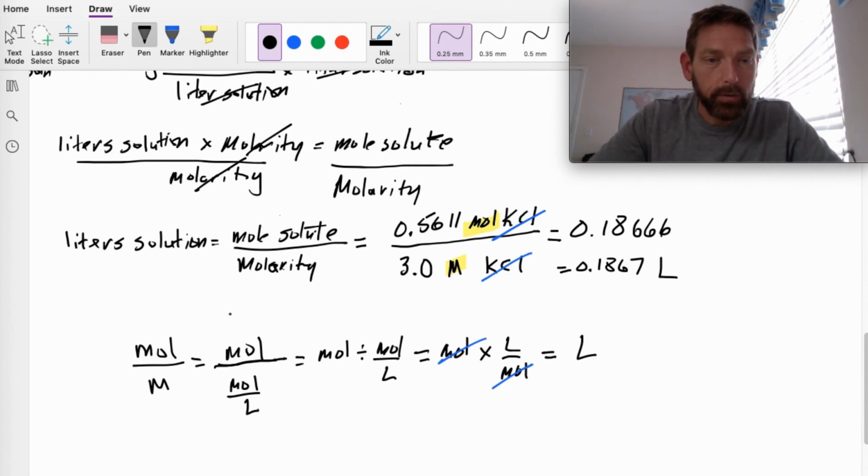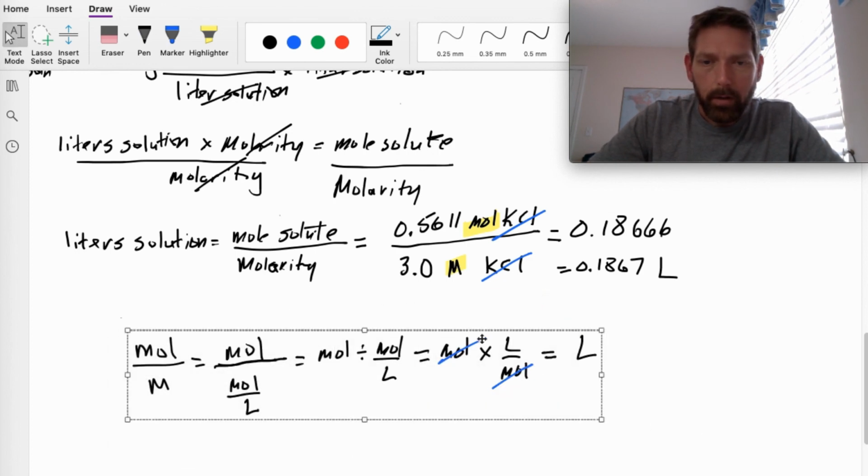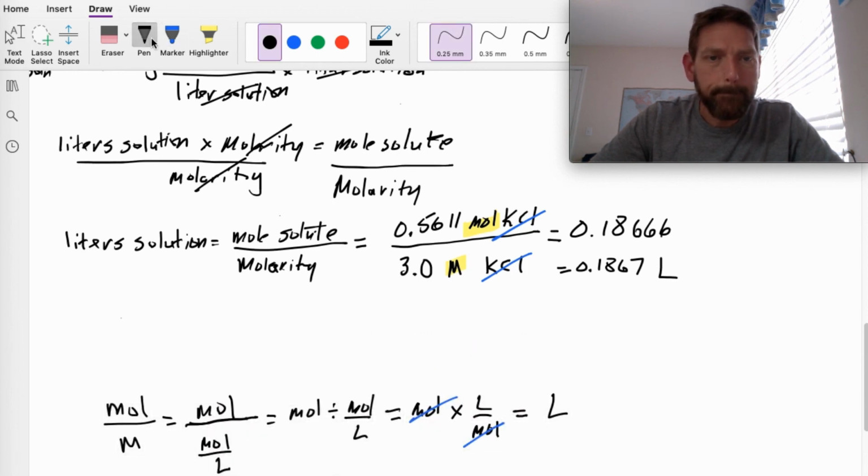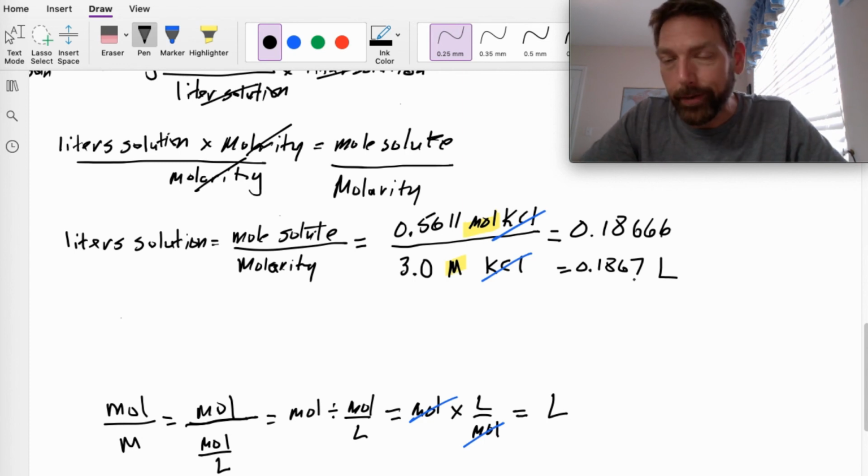So you should be able to see that, let's see, we needed 4 sig figs. Well, there's our 4 sig figs. So we need 0.1867 liters.